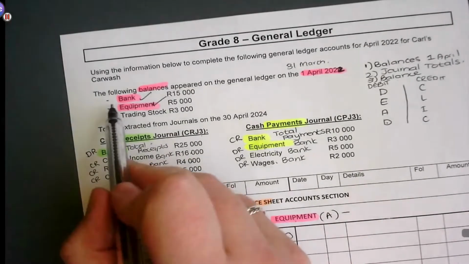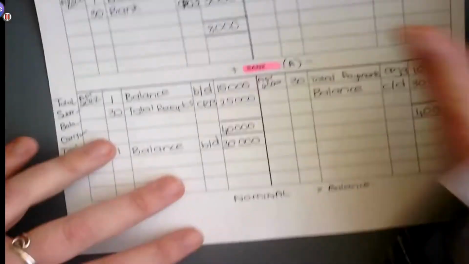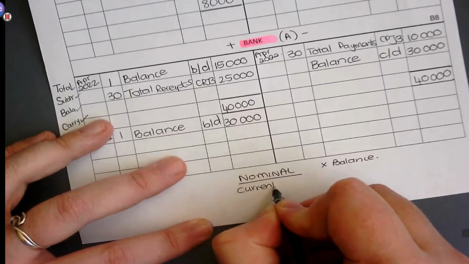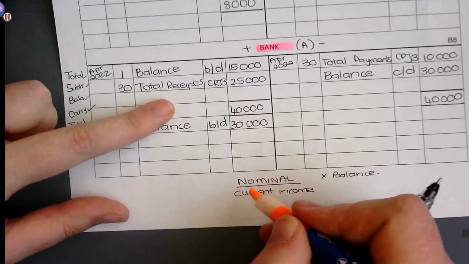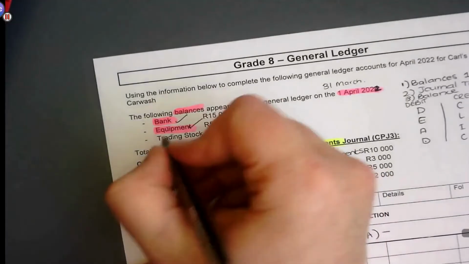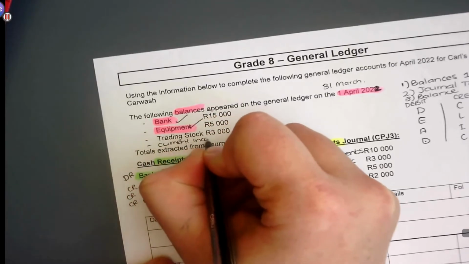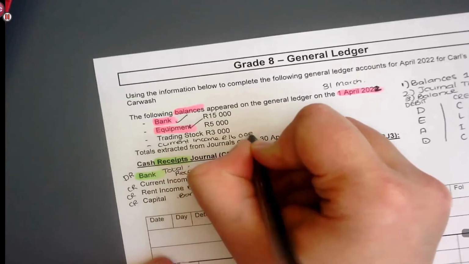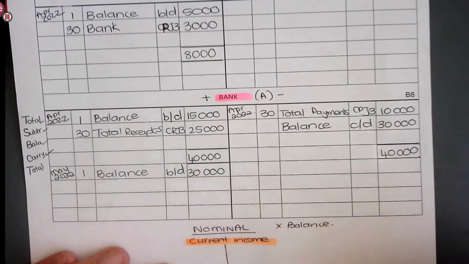And if there are any opening amounts in the nominal, one of the most common things in the nominal section, for example, is current income, one of the accounts. If we have a current income total over here of 16,000 Rand, we've got to figure out what side it goes on.